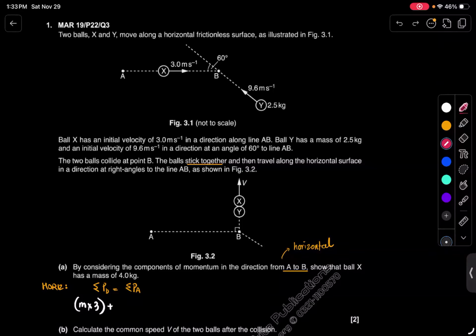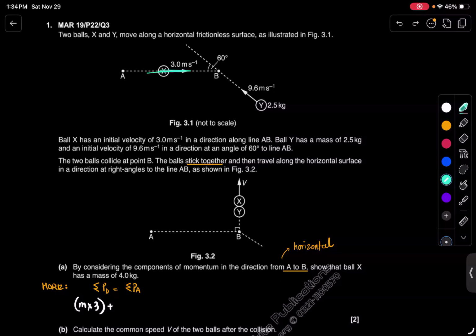I think I could do it, but I'm still reading. Yes, Abhi, any suggestions? How do I write the horizontal momentum of ball Y? I don't know. I think I just guessed and I didn't include it in the equation.